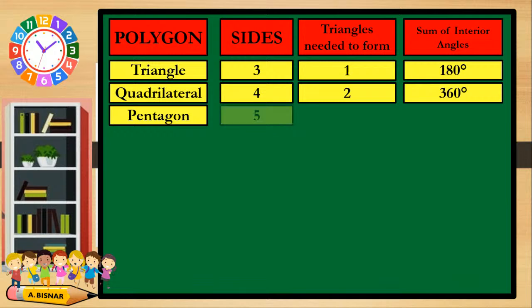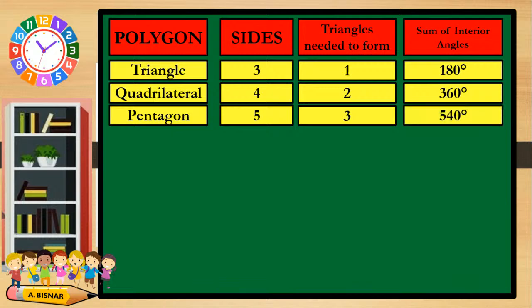Okay, let's check. 5 sides, 3 triangles, and then we have 540. Correct? Your answers are correct. Tama si Villarina, si Clark, si Alabay, si John Paul, welcome, si Spenya, and si Aryan.